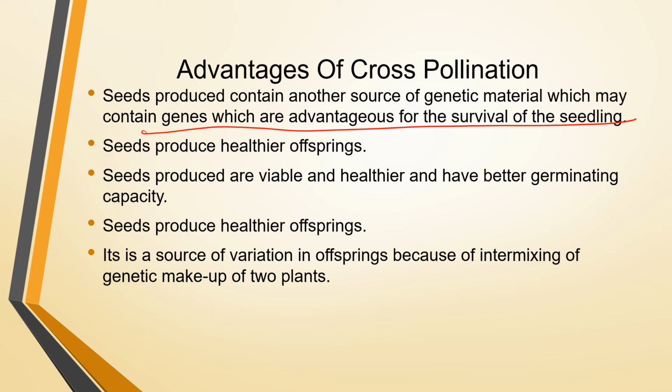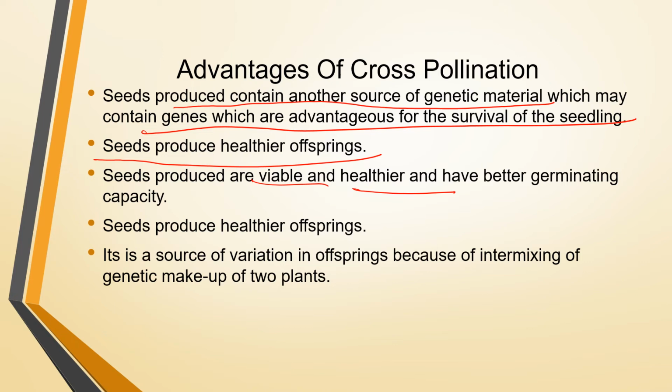But here we can see that seeds produced contain another source of genetic material, as it is happening within the two plants. So the genetic materials within the two plants vary, and they may contain genes which are advantageous for the survival of the seedlings. So we can see that they produce healthier offsprings, and the seeds are viable and healthier and having better germinating capacity.